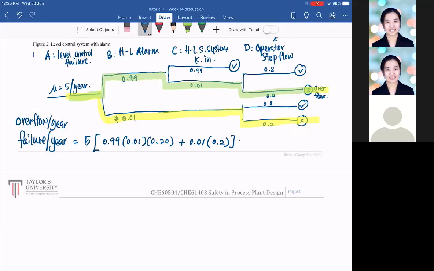So we have times 5. So we have 0.0199 overflow per year. If we multiply by 12 months, it's like 0.23 months. So failure per year.